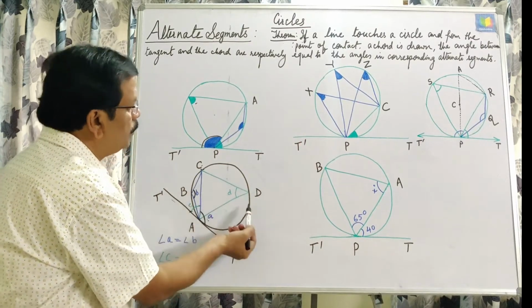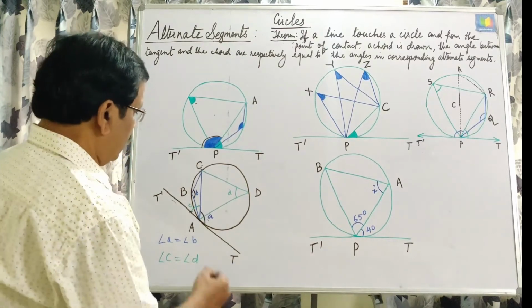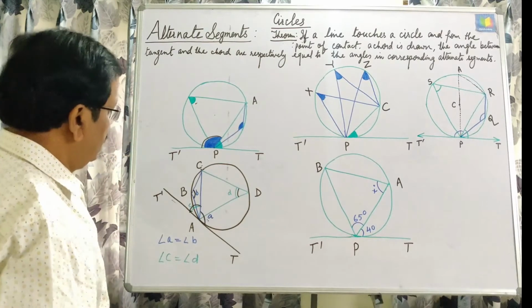Actually, these two segments are alternate to one another, and in this one C is equal to angle D.